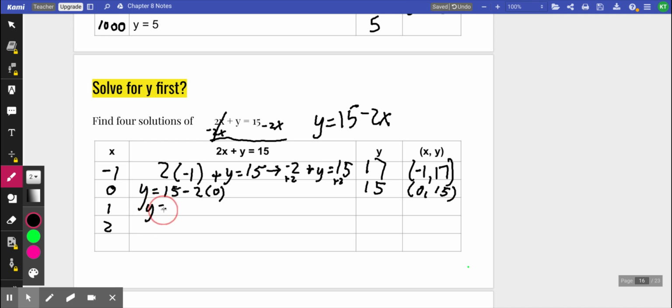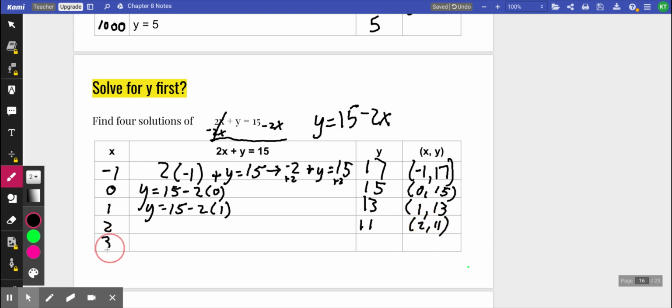Y equals 15 minus 2 times 1, right? So 15 minus 2 is 13. And we should see the pattern by now. So when it's 1, this would be 13. What's happening each time? It's going down by 2. So this should be 11.